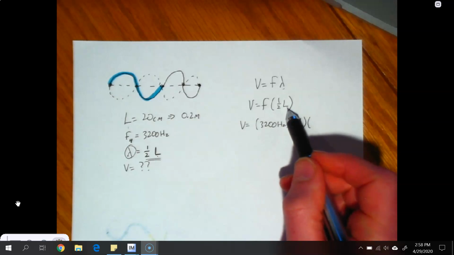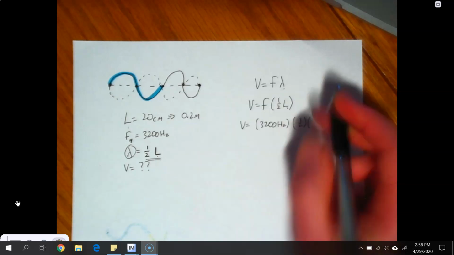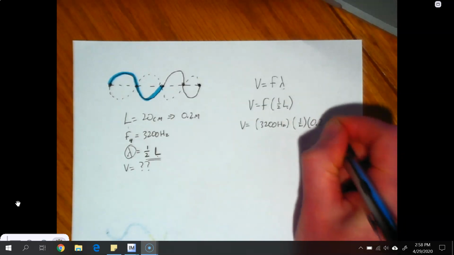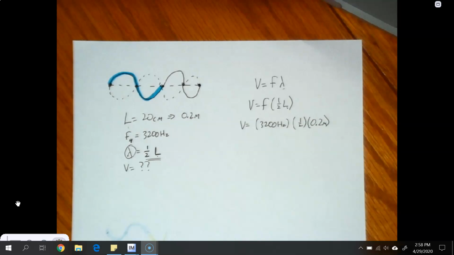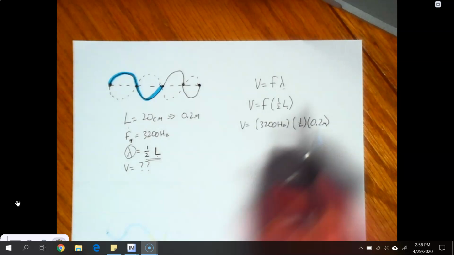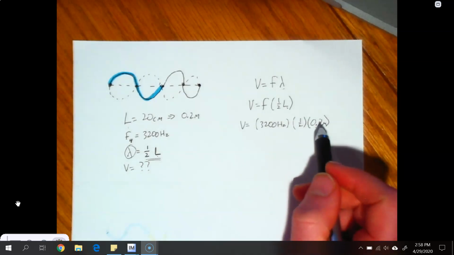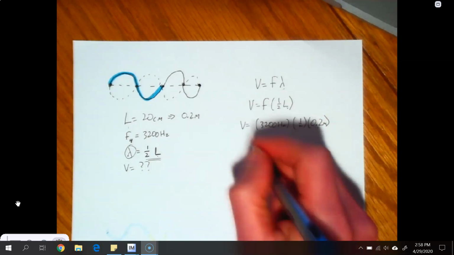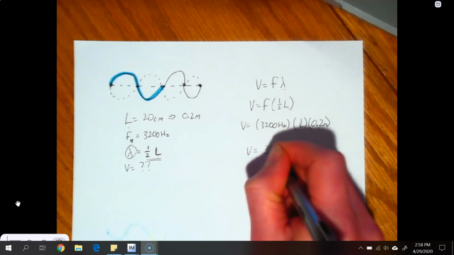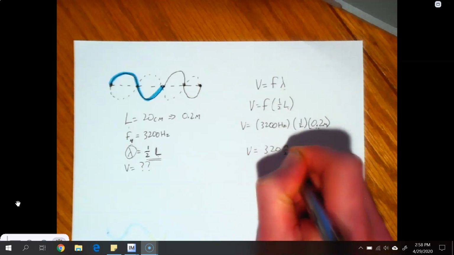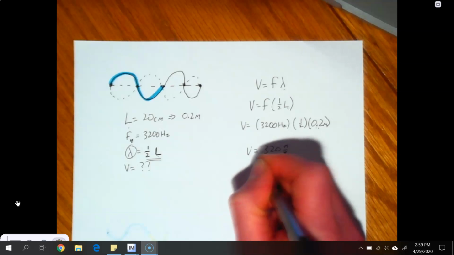Do I know what L is? Yeah, I do. So I should be able to solve this problem. All right. 1/2 times 0.2 is 0.1, and 1/10 of 3,200 is 320. Whoops, meters per second.